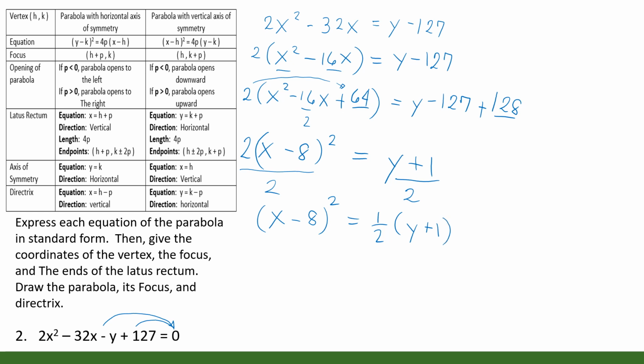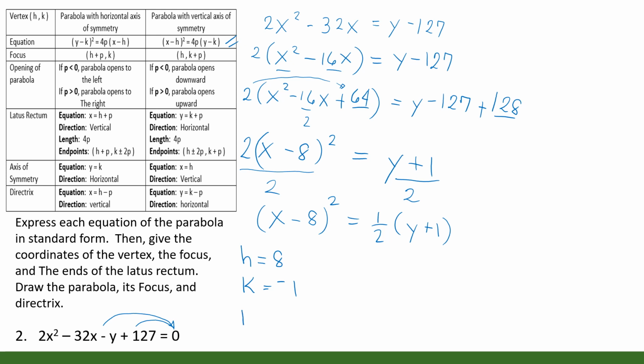So where are we now? We are now on this pattern. What is our h? Our h is 8. What is our k? Since we have y plus 1 here, k is negative 1.